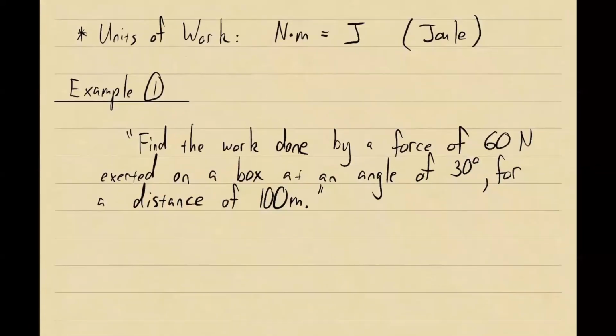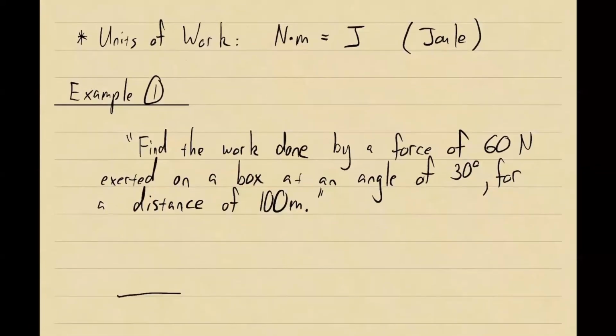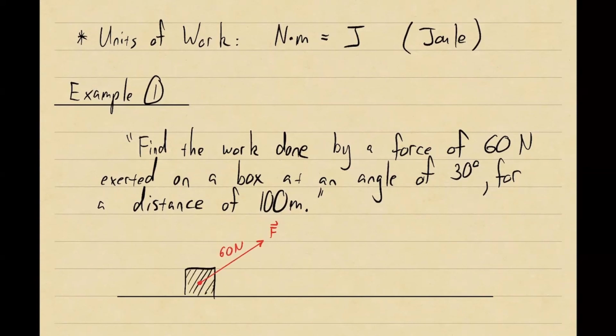Right. So we have this picture here. And right now we're looking at a box, and we're looking at a particular force. So this is the center of our box. We have this force F, which in this case has a magnitude of 60 newtons. And its angle here is 30 degrees.